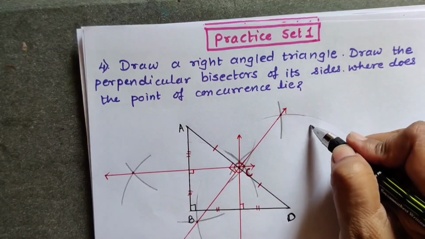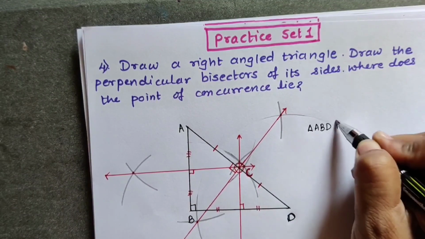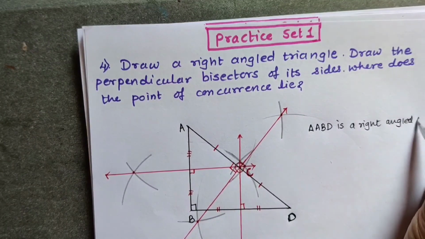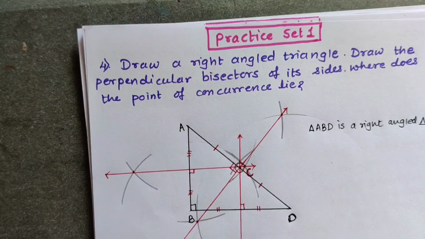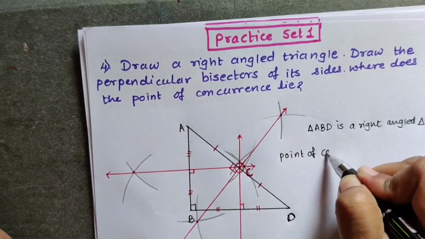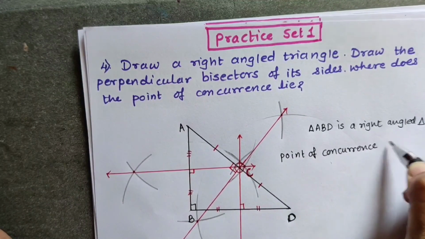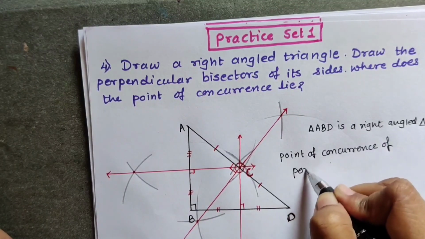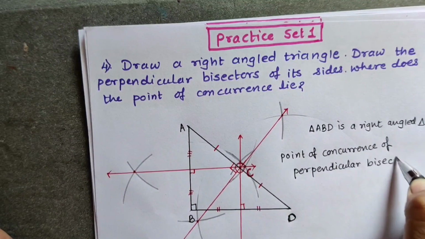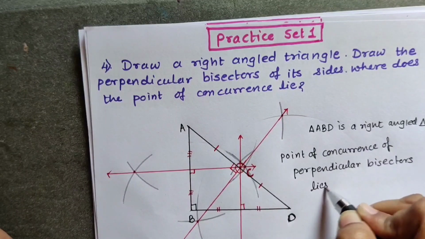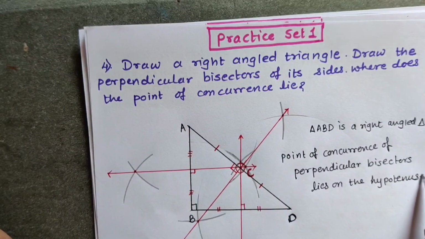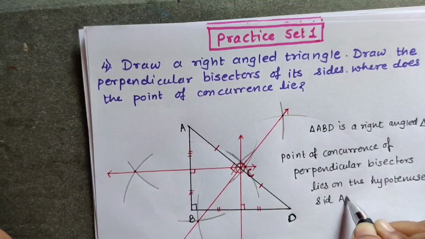Okay, so triangle ABD is a right angle triangle and then point of concurrence of perpendicular bisectors lies on the hypotenuse side, AD.